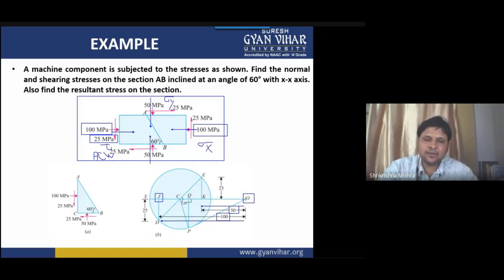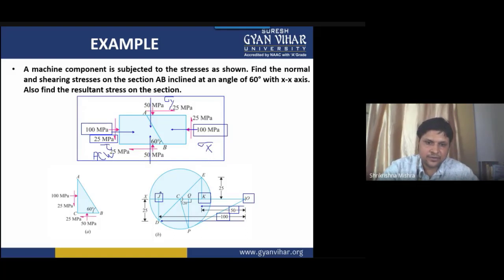Scale we will take in the same manner as we have done in the previous questions. Then we will mark this point K. Shear stress is given to us, and its nature is anti-clockwise. Anti-clockwise means negative along the sigma x direction.